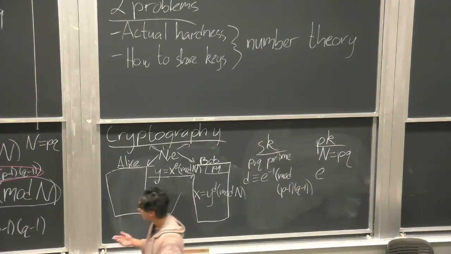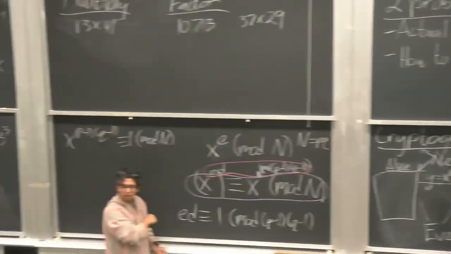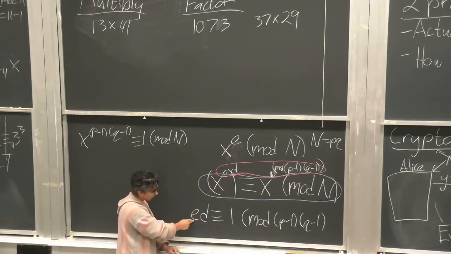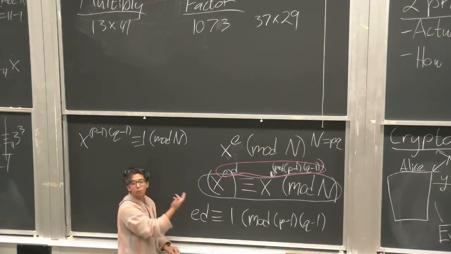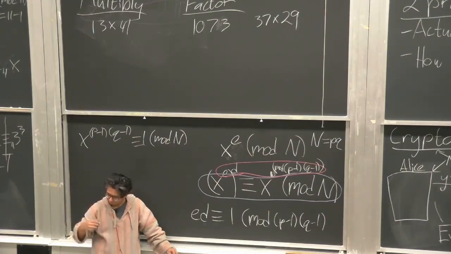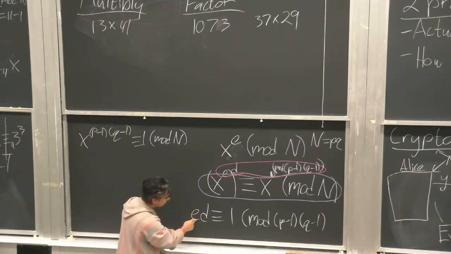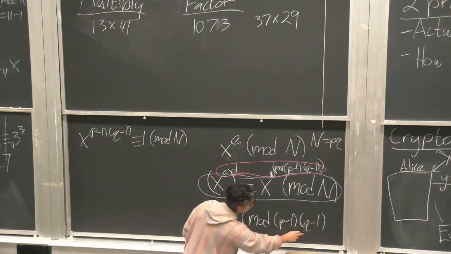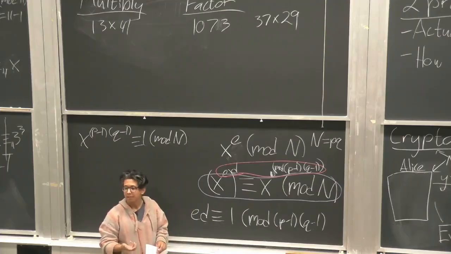One last caveat is, when does d exist? This is the multiplicative inverse of e. When do we have a multiplicative inverse of e? Yeah, we need e to be relatively prime to p minus 1. That's when we have inverses.